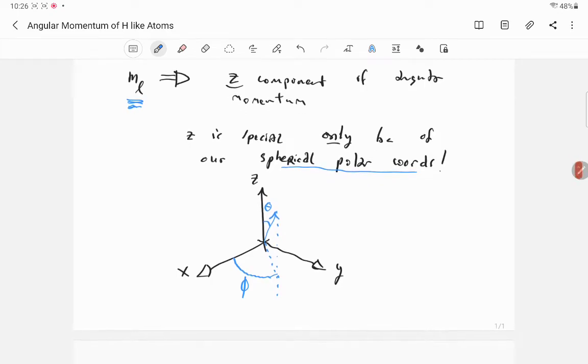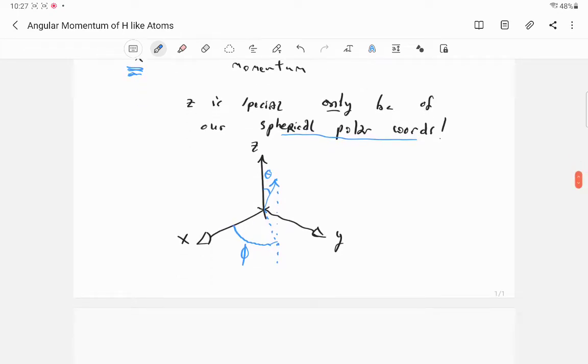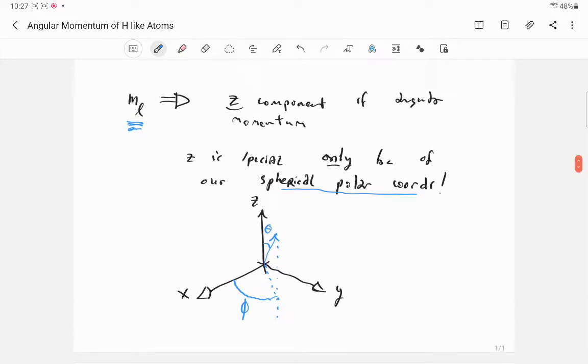Now you might wonder, does this ruin the fact that we expect nature not to be special in any particular direction? The answer is it does not ruin it, because whenever you do any physics that asks coordinate system independent questions, you'll never get a particular direction to be special, right?